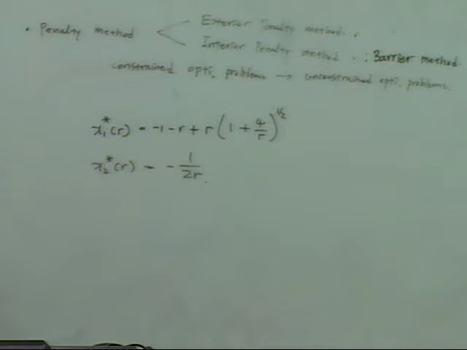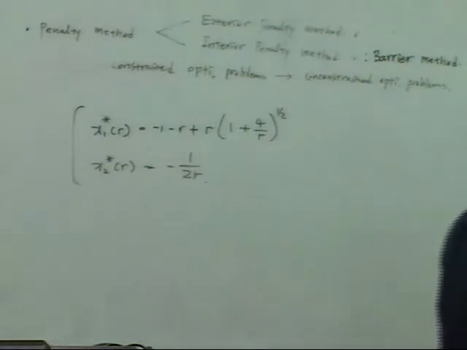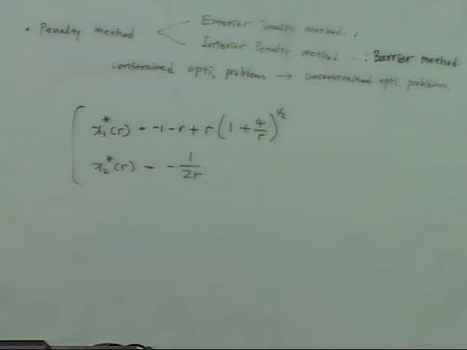the solution of the unconstrained optimization problem is, okay. And in the interior point method or barrier method, we take the limit value of r and make this r value approach 0.